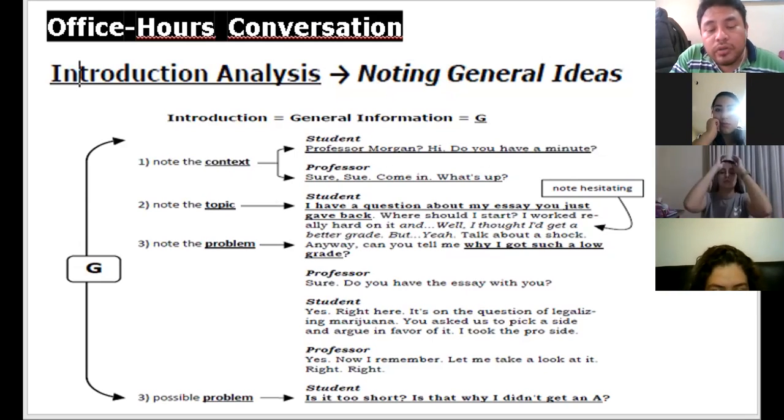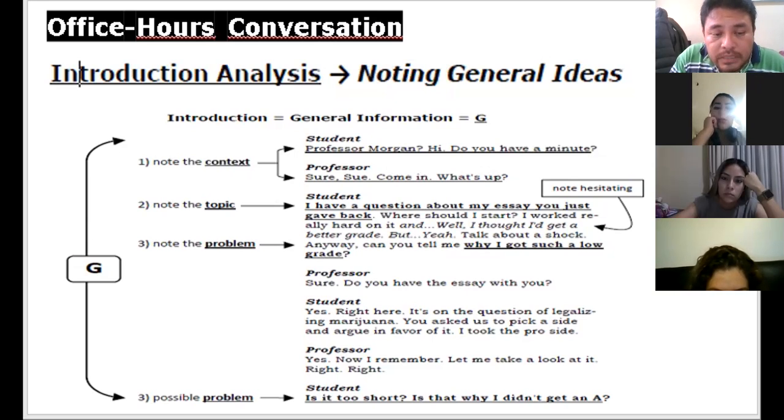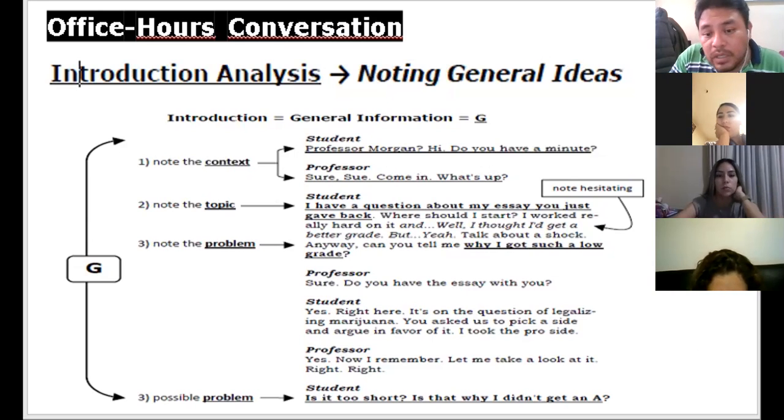When you understand the general context, one of the questions will ask about the general thing. It's a general question about the introduction, like what is the main purpose of the conversation? Normally you understand it from the introduction. It could be about the context, the topic, or the student's problem. So you have to identify them.